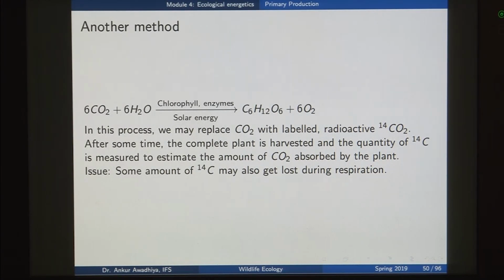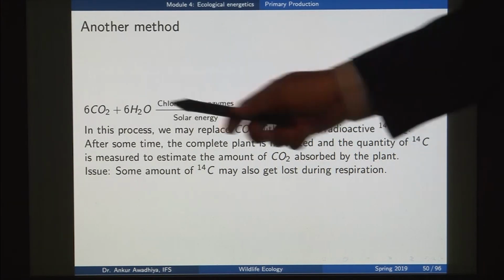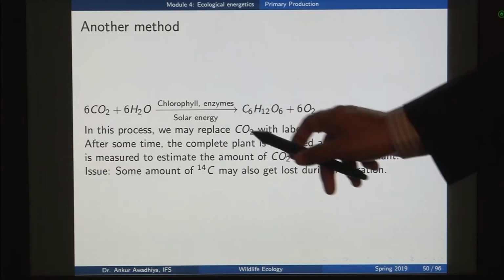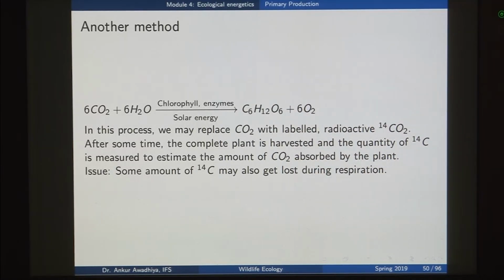So, here we say that in place of carbon dioxide, we replace it with radioactive carbon dioxide. If we replace carbon 12 with carbon 14, then this carbon 14 will also get incorporated in these sugar molecules that are being produced. So, we can put this plant into a chamber in which it is not having our normal CO2, but all the carbons in the CO2 have been labeled.